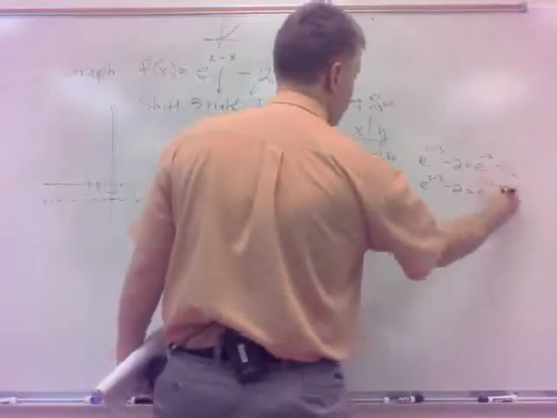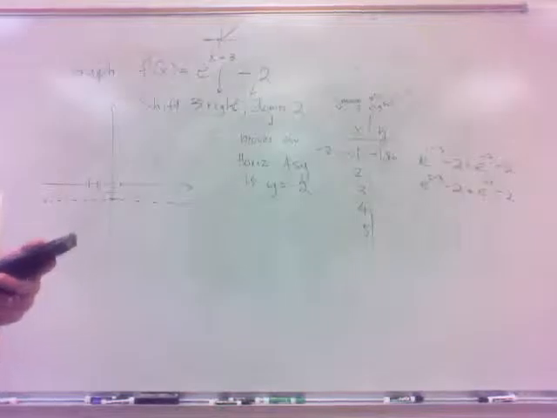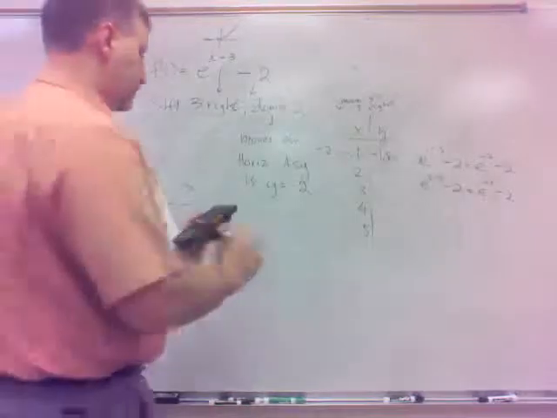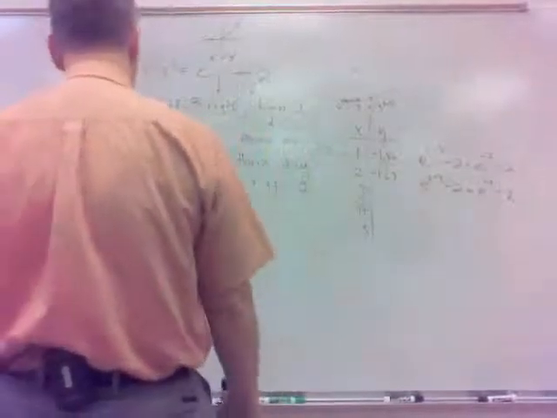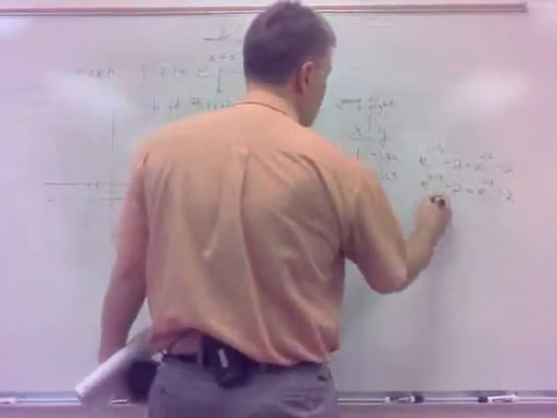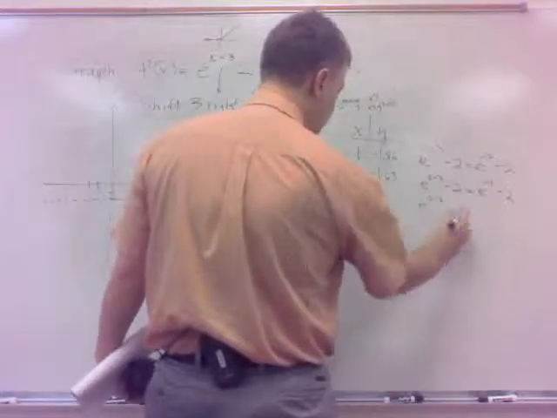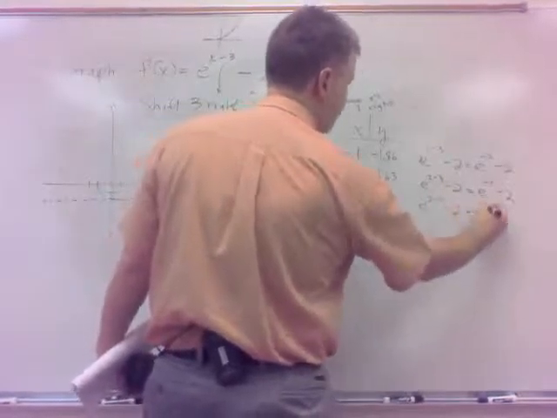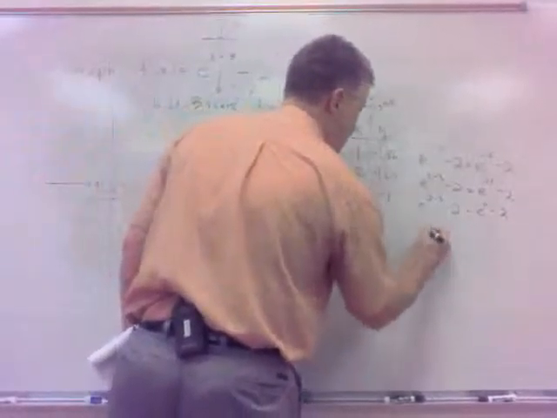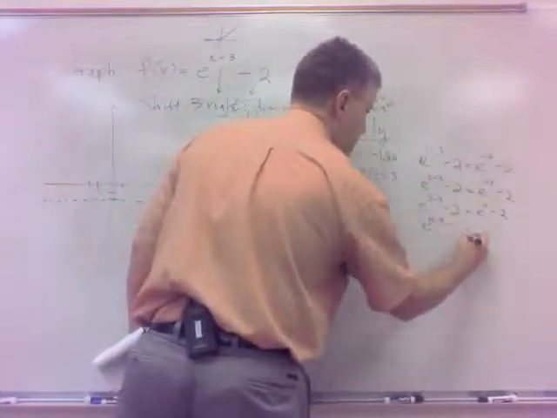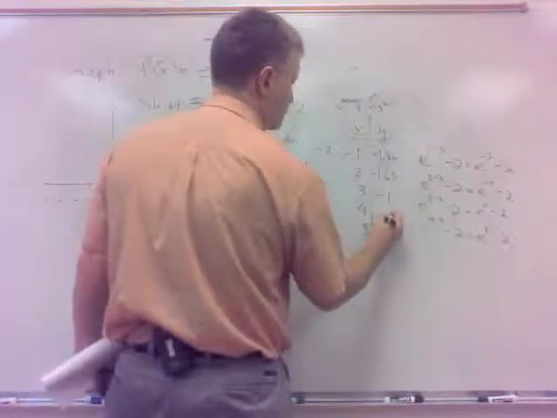That's e to the minus 1 minus 2, which mine says negative 1.63. At x is 3, I'll have e to the 0 minus 2, which is 1 minus 2, which is negative 1. At x is 4, I have e to the 4 minus 3, minus 2, which is e to the 1 minus 2, which is basically 0.72.